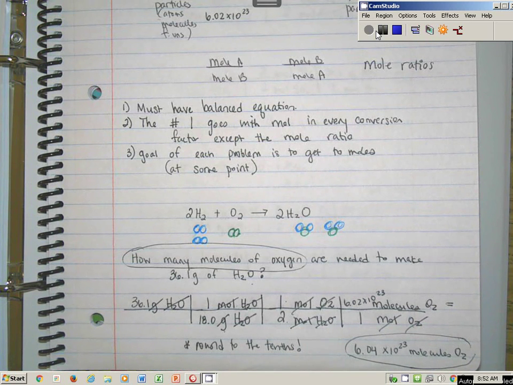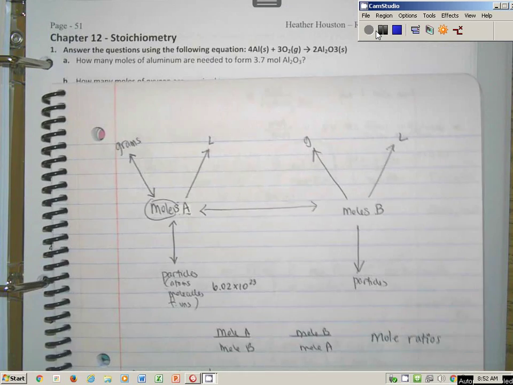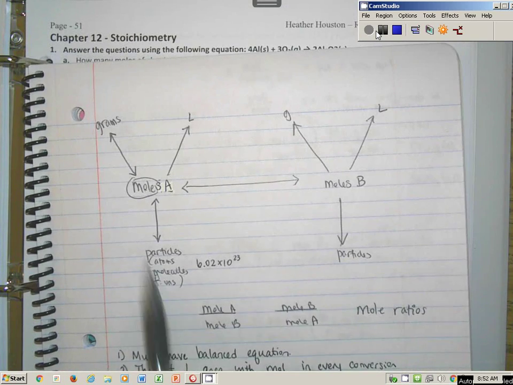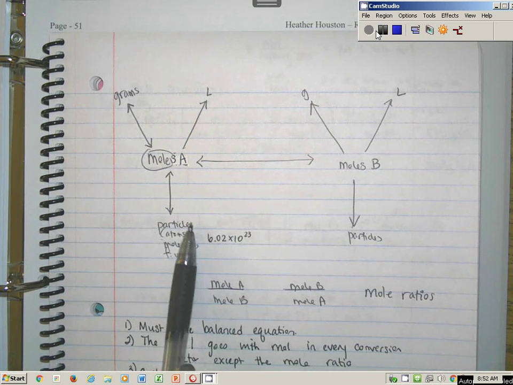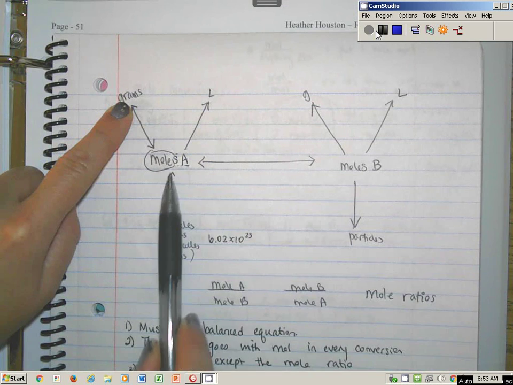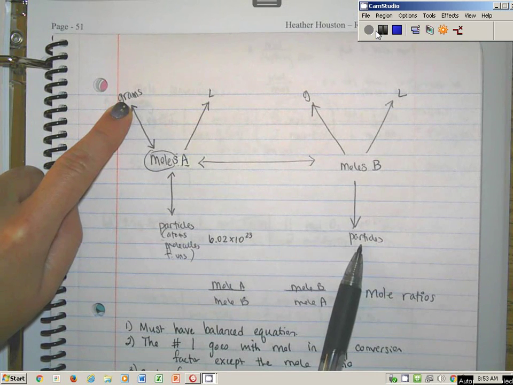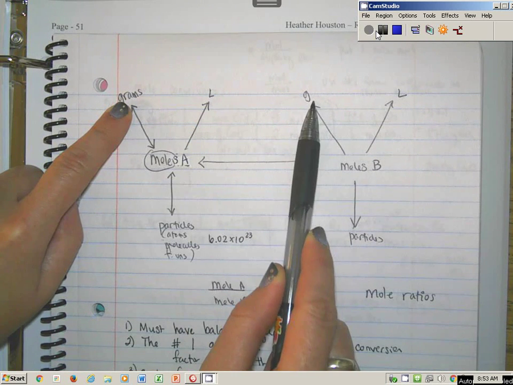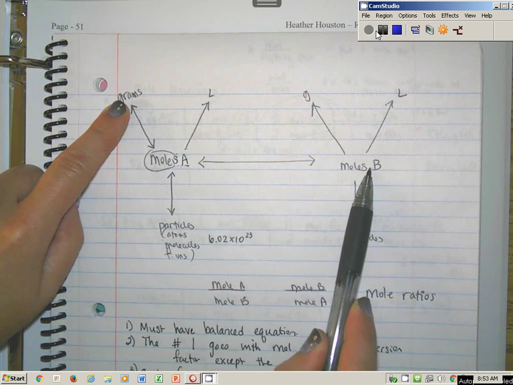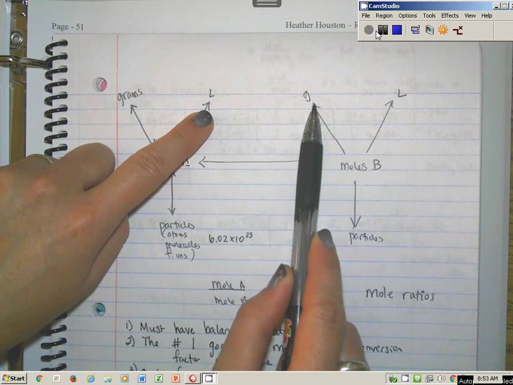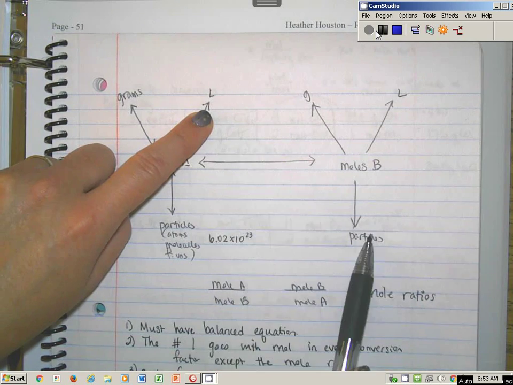At this point, I'll work a couple more examples. But here's the deal. I'm not going to work one of everything. Because look, could we go from grams of one substance to particles of another? Or grams to grams? We could go from grams to liters. We could go from grams to moles. And then we could go from liters to grams, and liters to liters, liters to particles, liters to moles.